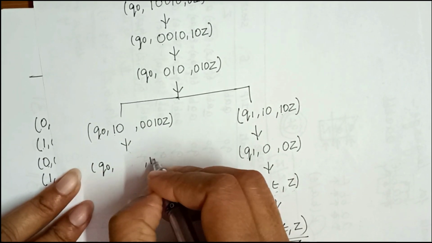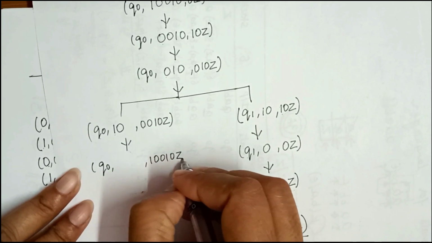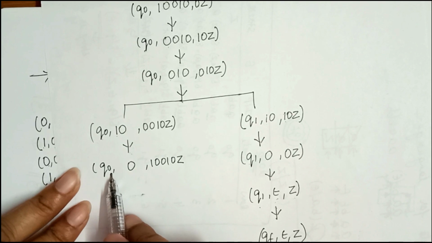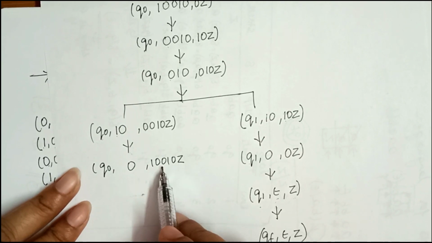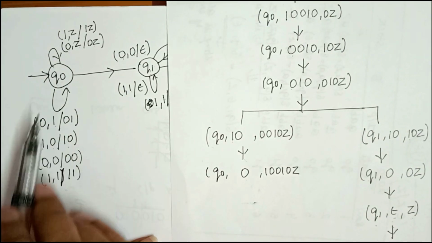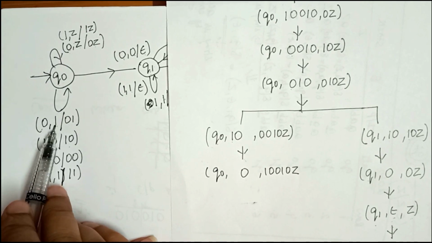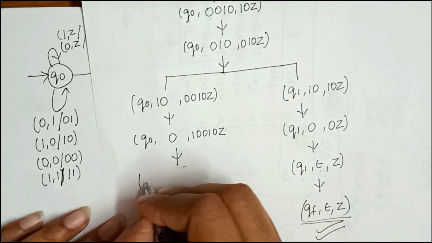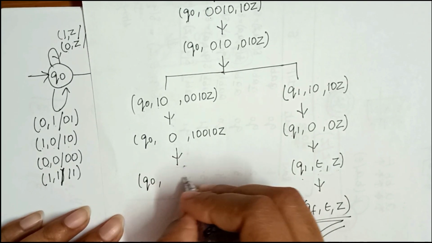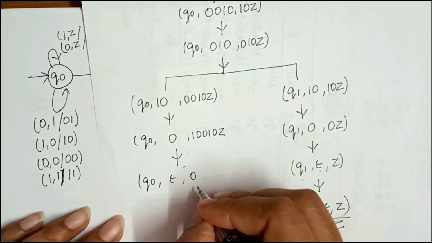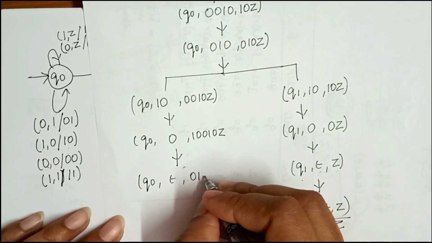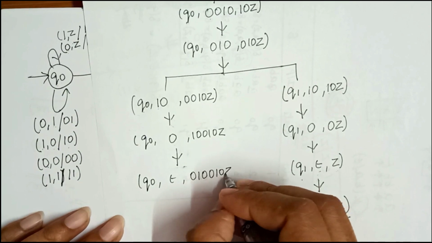So the stack contains 1 0 0 1 0 Z and the input symbol remains 0. Now on Q0, if the input symbol is 0 and the top of the stack is 1, we push this 0 onto the stack, so it becomes 0 1 0 0 1 0 Z.